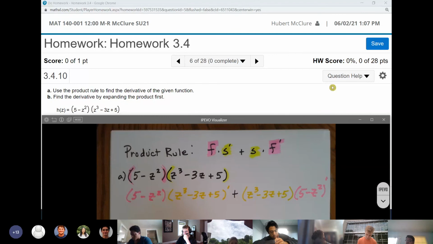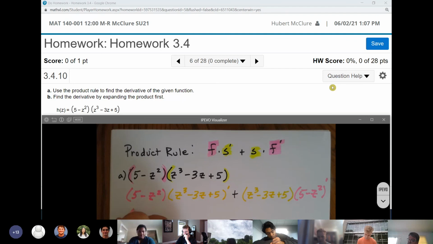So let's go ahead and do 5 minus z squared. That just comes down. I don't like this pink marker. Hold on a second, here's another one. Yeah, that's better. 5 minus z squared. And now I'm going to take the derivative of that yellow right there.